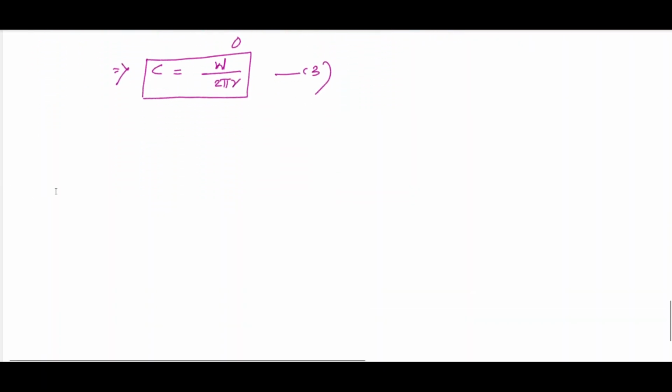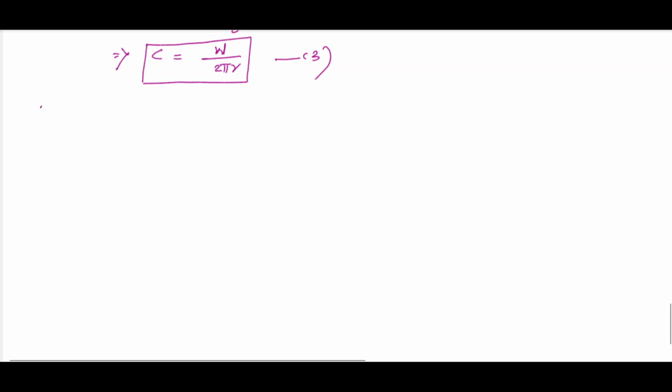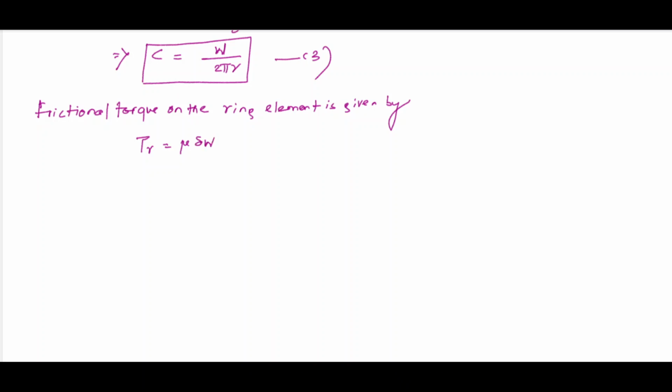Now the frictional torque on the ring element is given by T for the ring element, mu del W into R1.